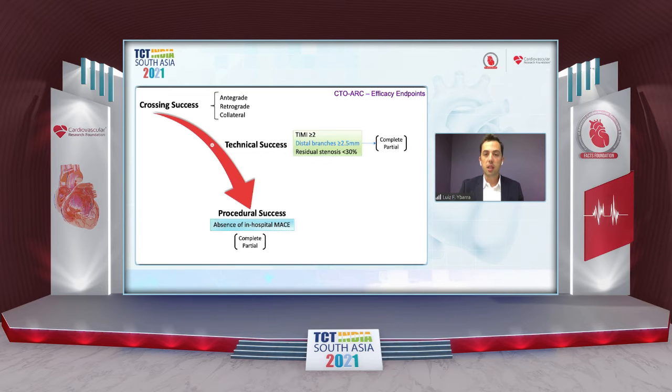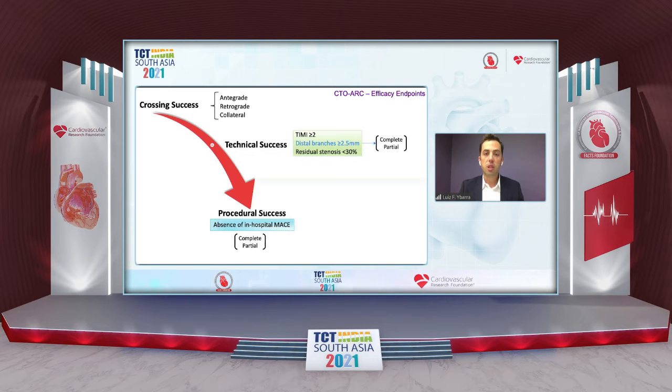So the consensus of the CTO work was that because of the collaterals we have, we are not always able to achieve a TIMI 3. So although we have all the good features of a successful intervention, not having a TIMI 3 flow would be unfair to the procedure. This still needs to be proven in ongoing future studies.